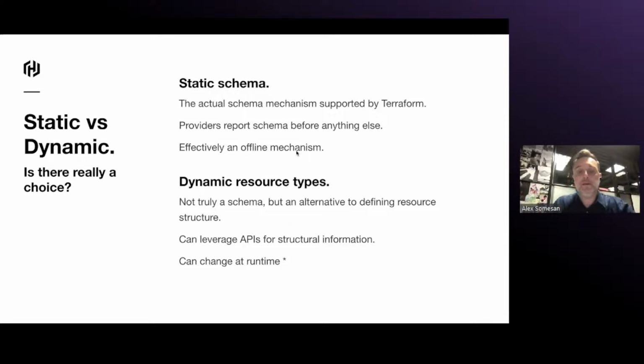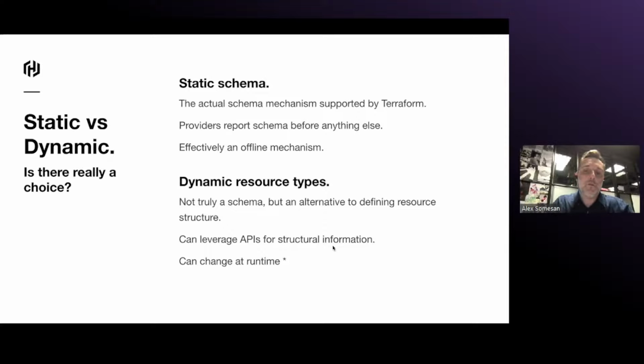By comparison, today's topic, dynamic resource types, are not truly a schema mechanism. They are still subject to the schema requirements of Terraform, but they are an alternative way of defining resource structure, still abiding by the schema requirements, but finding an escape hatch around the static nature of Terraform's de facto schema.